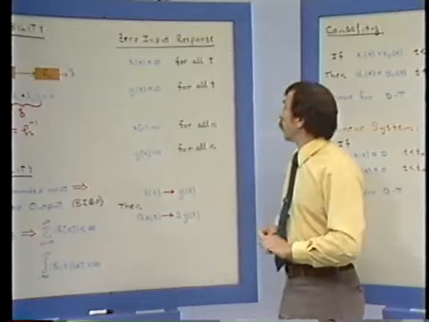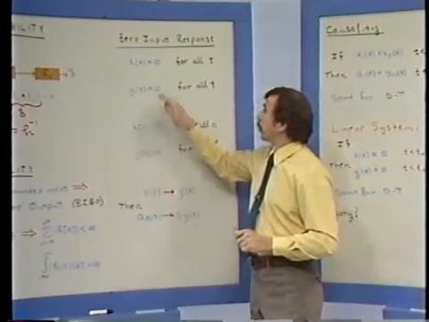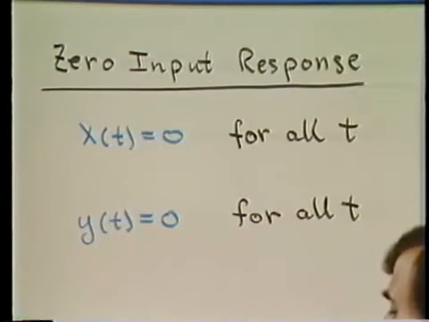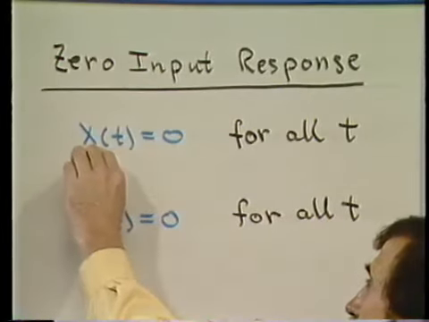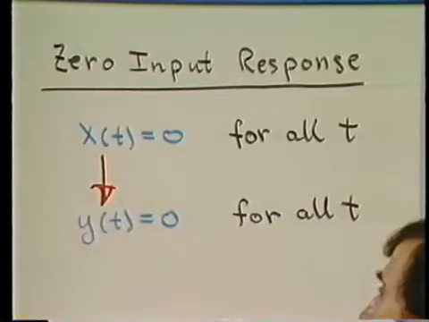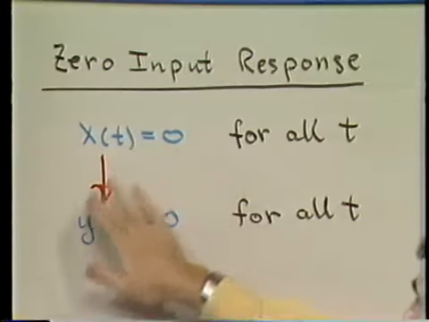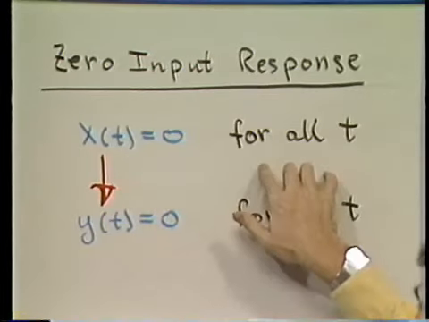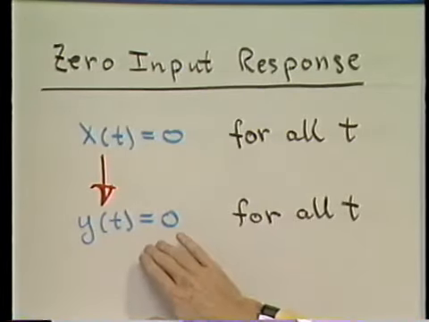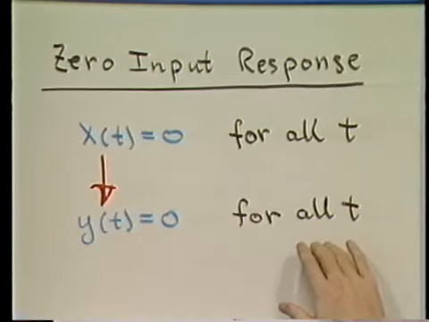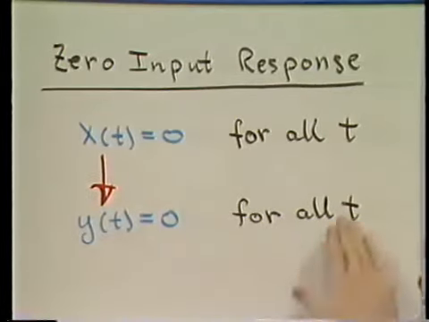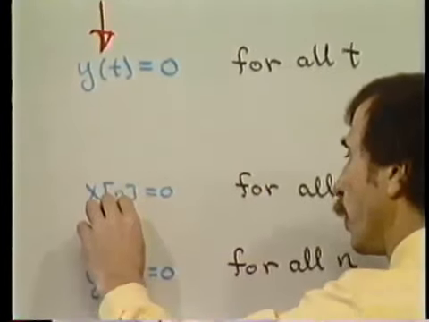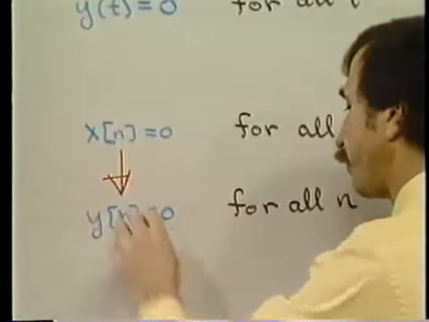So if we have an input x of t which is 0 for all t, and the output of that system is y of t, then the output likewise is 0 for all time. That's true for continuous time, and it's also true for discrete time.